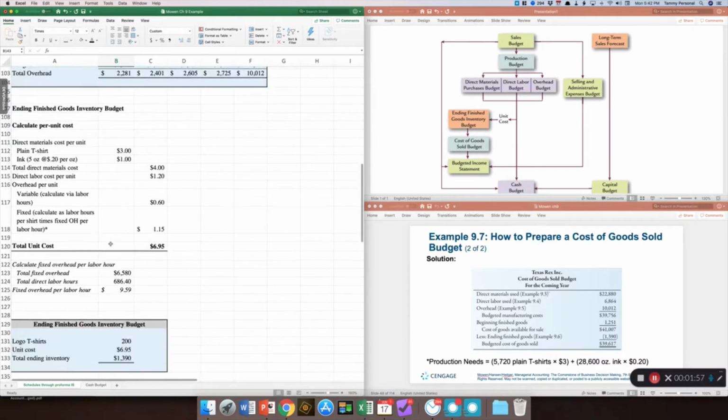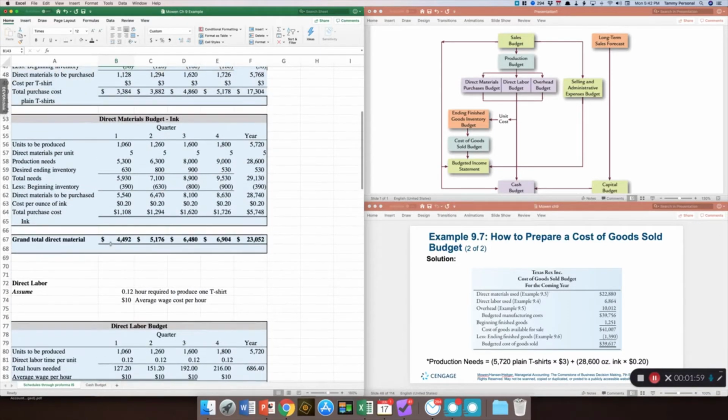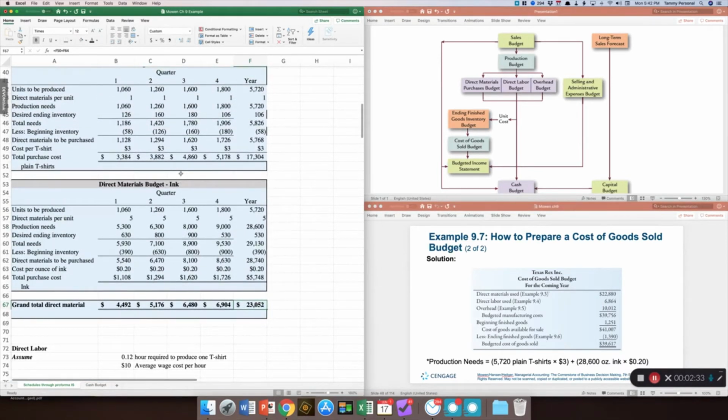So we go up here to our direct materials budget, and notice that the total amount of direct materials here is not what shows up here in our cost of goods sold budget, because we didn't use all of the materials we purchased. We had some inventory left, right? So we have to figure out how much we actually used.